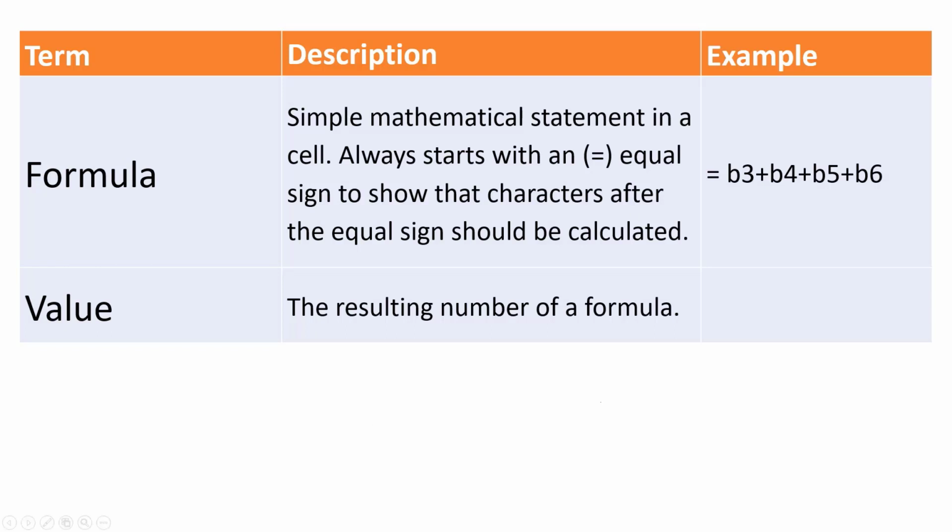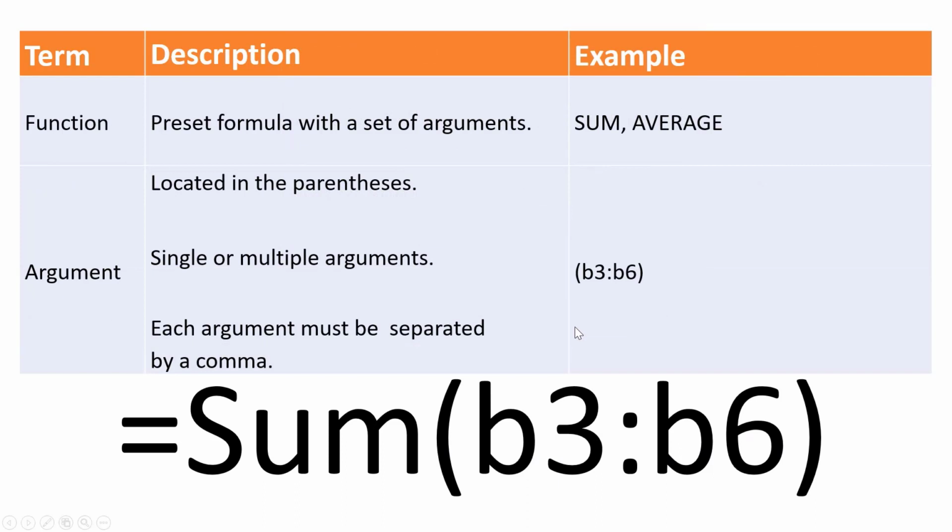So we're going to replace the formula of B3 plus B4 plus B5 plus B6 with the sum function of B3 through B6. This table looks a little bit like the table that we just saw with the formula, but we're talking in terms of functions.